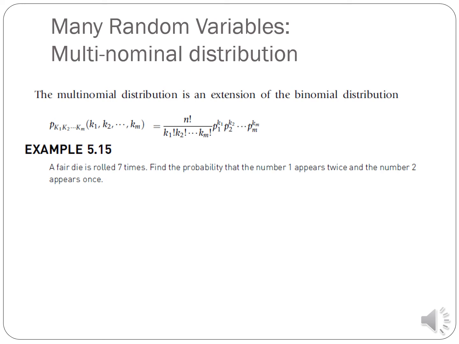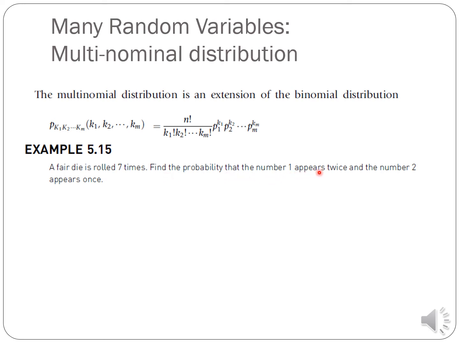Try to focus and understand how many outcomes are here. We are talking about a fair die, which has how many outcomes? 6 outcomes. But in this problem, let's focus on how the question is written.